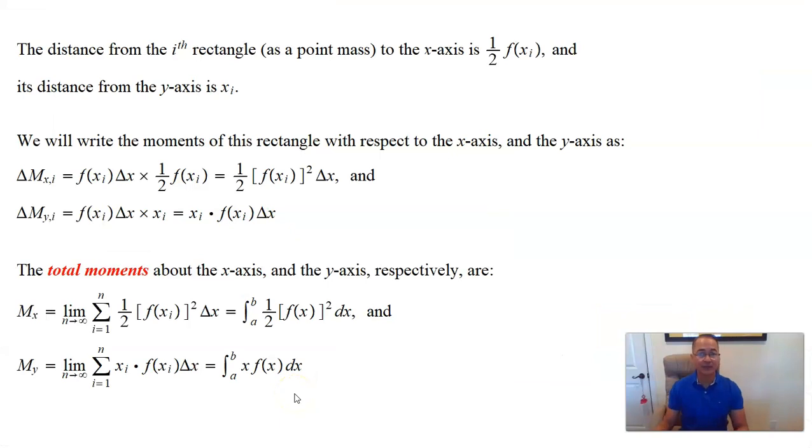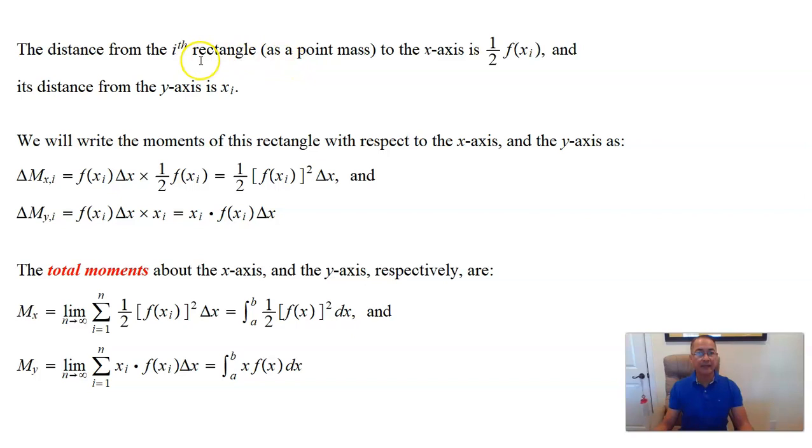All right, so I mentioned earlier that we will need 3 integrals to find x bar and y bar. I said one of those integrals is the area of the region, which actually represents its total weight. But here come the 2 other integrals. They will come, of course, from the moments of each subrectangle with respect to the x-axis and with respect to the y-axis.